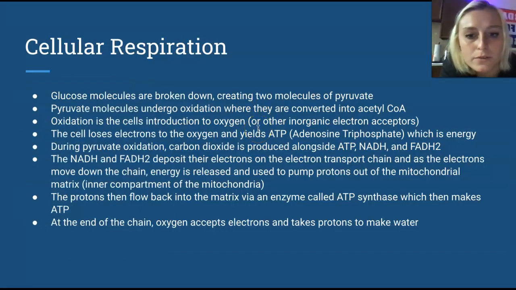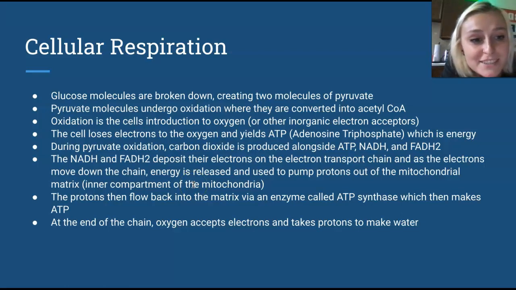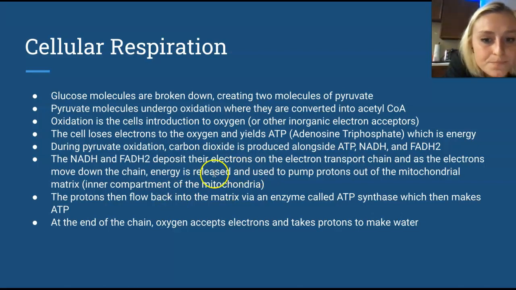Going a little further into it, what happens in cellular respiration is glucose molecules are broken down, creating two molecules of pyruvate, and the pyruvate molecules then undergo oxidation where they're converted to acetyl-CoA. Oxidation in the cells is when cells are introduced to oxygen or other inorganic electron acceptors.